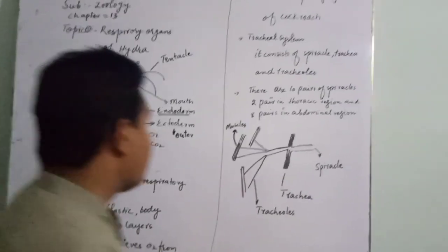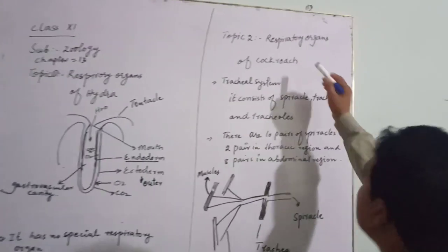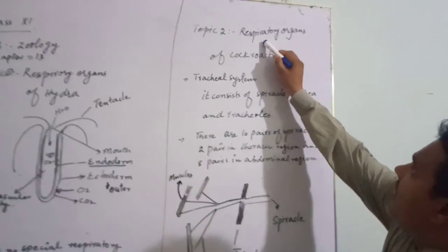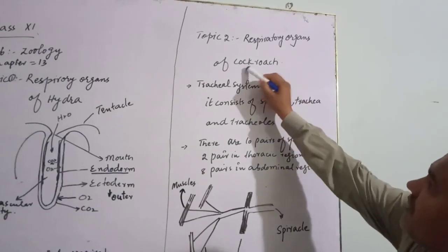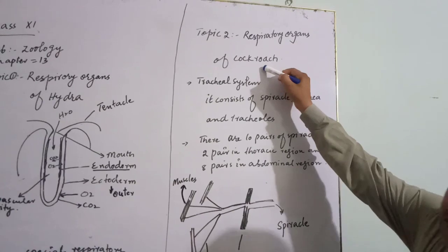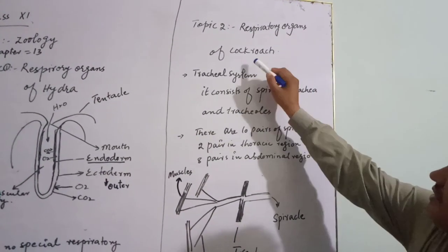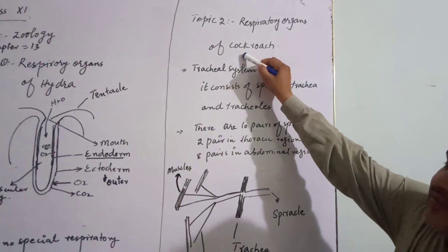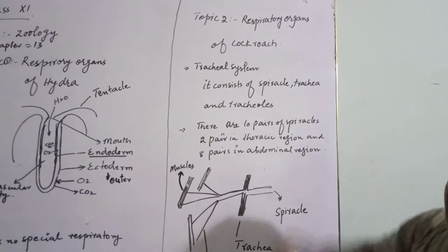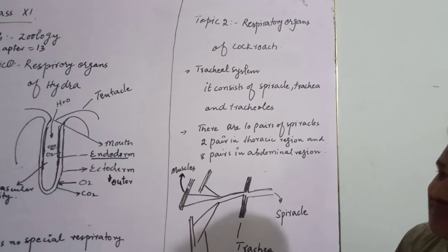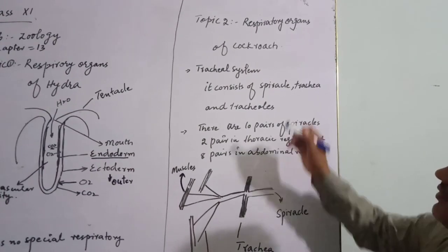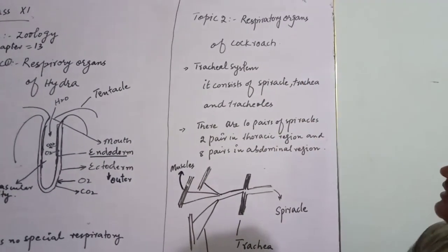Now my second topic is respiratory organs of cockroach. Cockroach is an advanced animal. It belongs to phylum Arthropoda. Phylum Arthropoda is the largest phylum of kingdom Animalia.